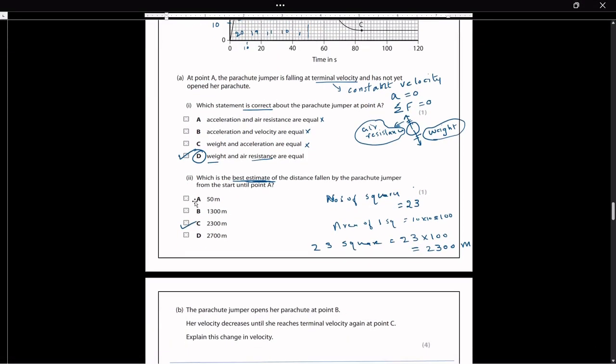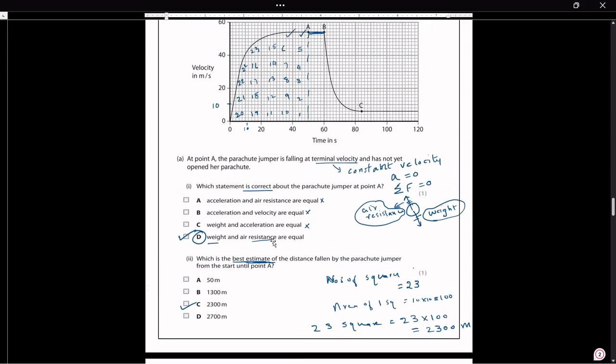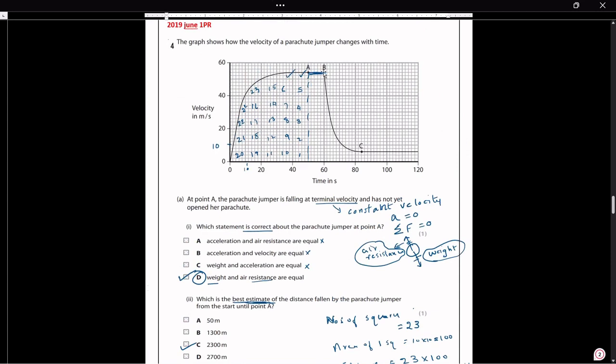Now the next part of the question is, the parachute jumper operates her parachute at point B. Her velocity decreases until she reaches a terminal velocity again at point C. Explain this change in velocity. This is after opening the parachute. A to B is terminal velocity, and at B, she opens the parachute.